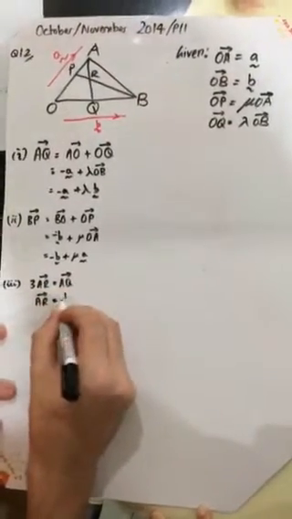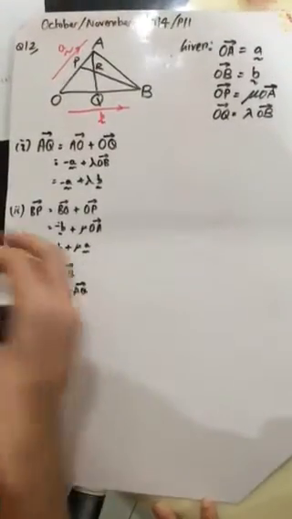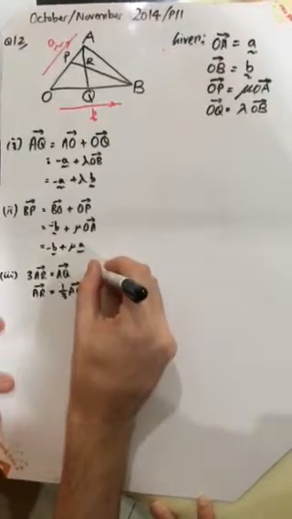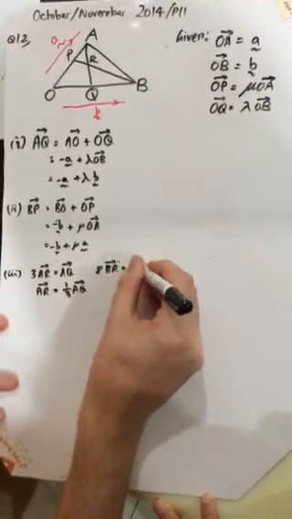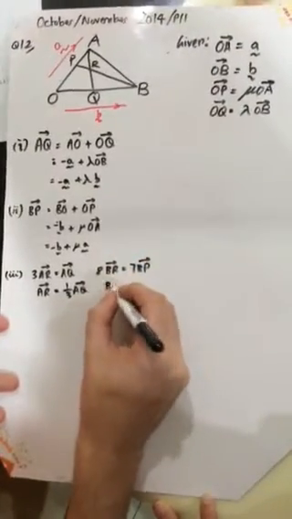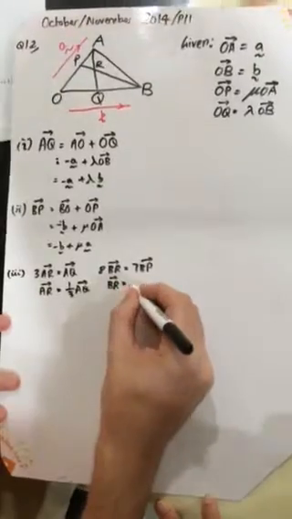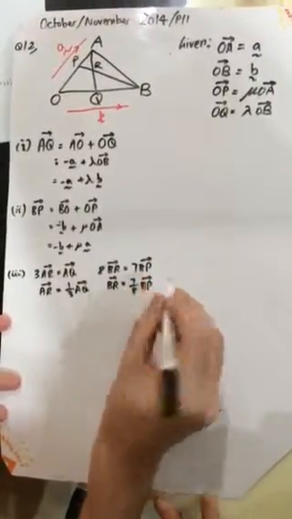We've got AR is equal to 1/3 of AQ. That might help us, that might not, we'll just see. Then we've got 8BR is equal to 7BP. Same thing again, I will write BR as the subject, so it's 7/8 of BP.